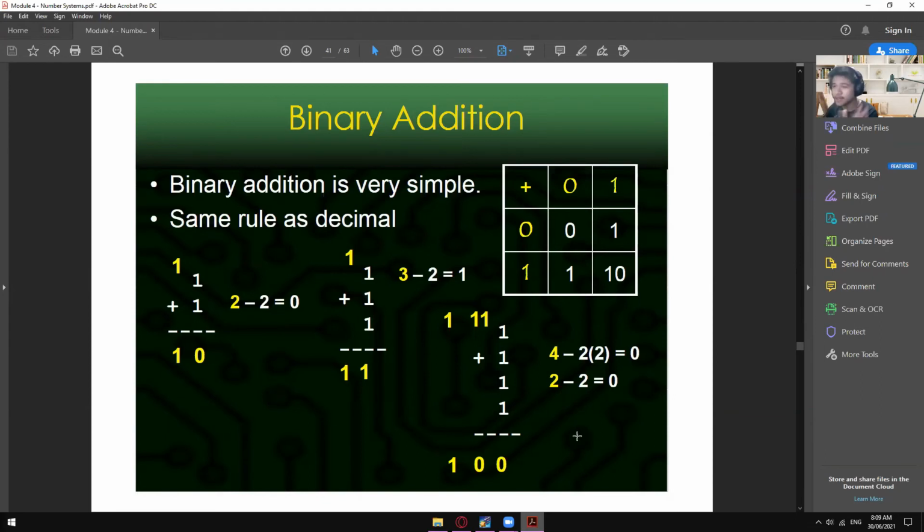Okay, so anybody who has an idea why 1 plus 1 is 10, not 1 plus 1 is 2? Anyone? On why 1 plus 1 plus 1 is 11, not 3?